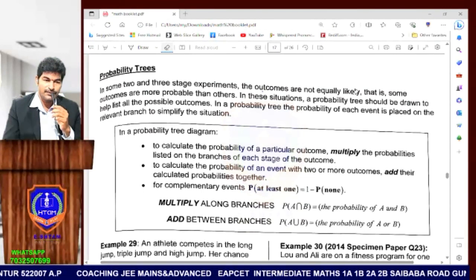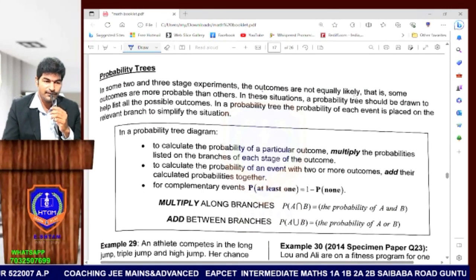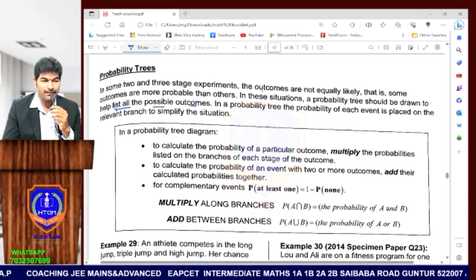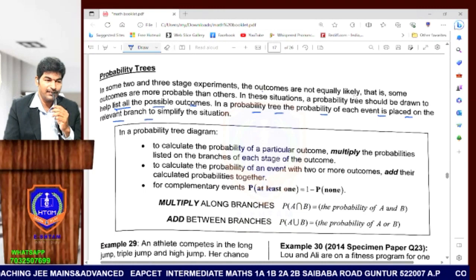So what to do in such situations? He is suggesting we make a list of all possible outcomes. In the probability tree, the probability of each event is placed on the relevant branch, which simplifies the solution.